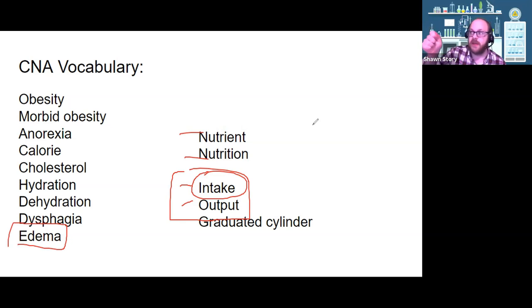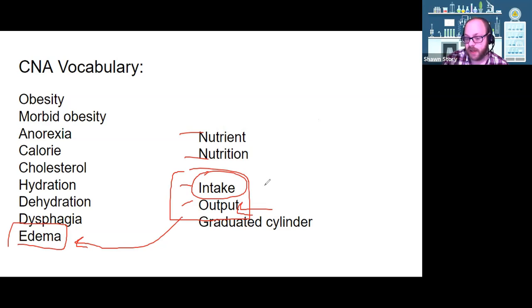If you have someone on IV, how much of that liquid is going into them? And then you also measure the output, all their excrements, right? So you collect all of their pee and you measure how much they're peeing to see what is leaving the body. And we're constantly measuring that to see signs of things like edema, right? Are they letting go of what they're also taking in, their intake and their output.